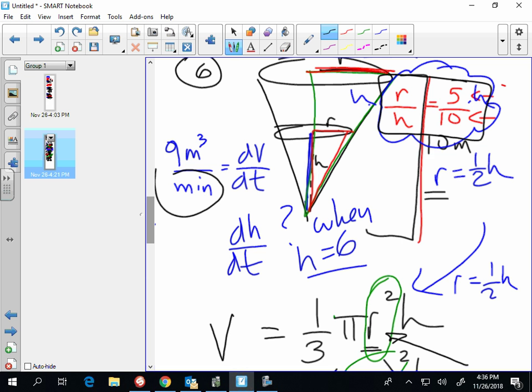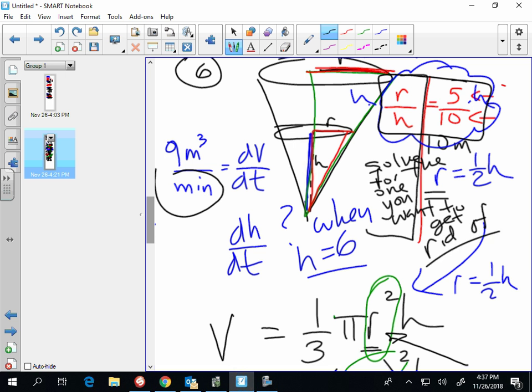Which do I solve for? You solve for the one you want to get rid of. That's the one you need to solve for.